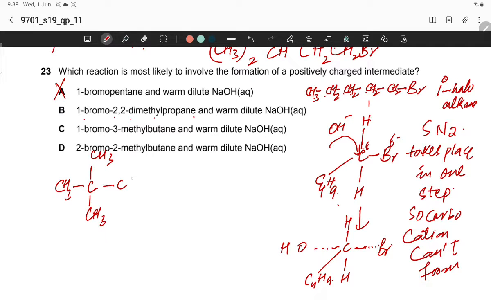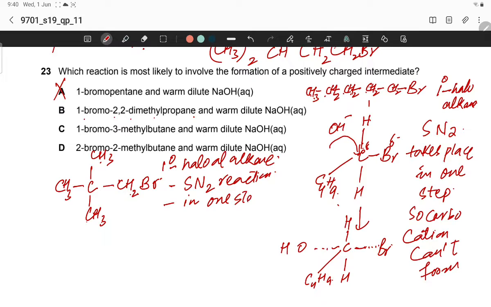So this is again a primary haloalkane, SN2 reaction in one step, and there is no positively charged intermediate, no cations. So this is also incorrect.